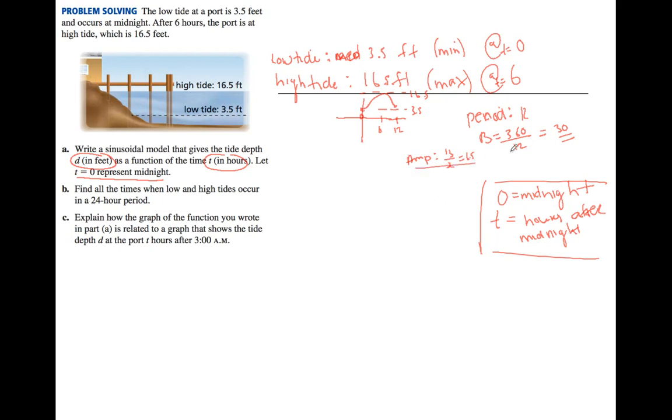Right, so I have the amplitude, I have B. The phase shift, there isn't one, right? It starts at 0. But the sinusoidal axis, the D, is, well, what's halfway between 3.5 and 16.5? Well, I'm going to be adding 6.5 to this, right? So isn't that going to be at 10? At y equals 10.